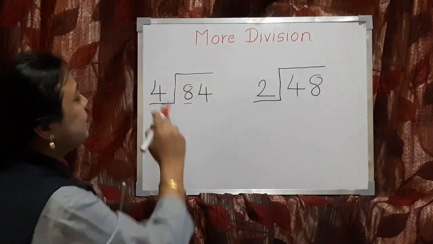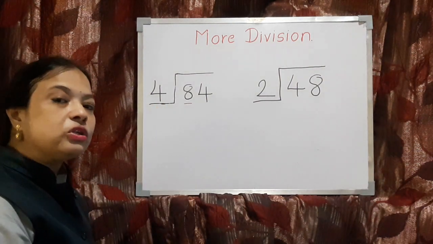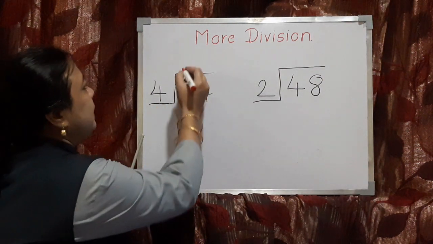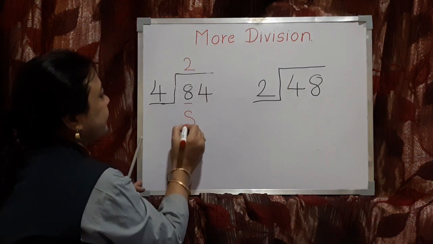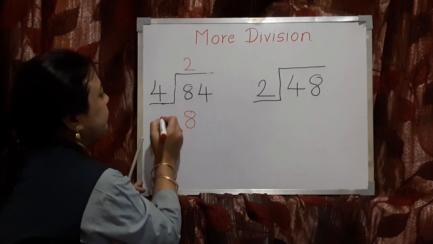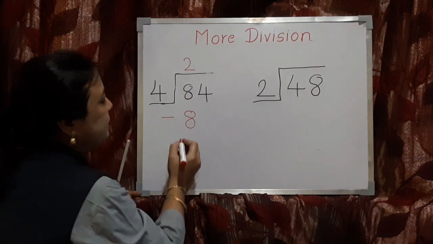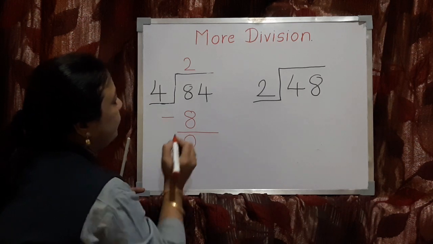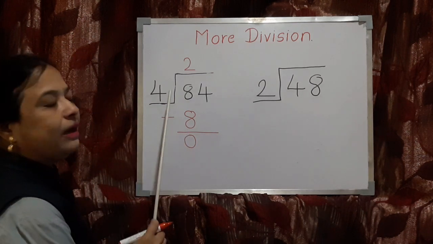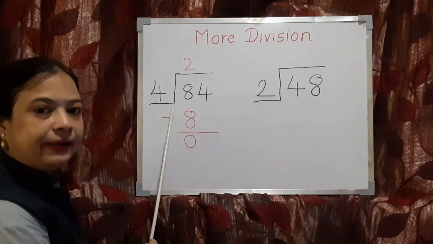Okay, so we will say the table of 4. So what will come? 4 twos are 8. 8 minus 8 will be 0. Okay. So we had taken the first number and we had done the division.